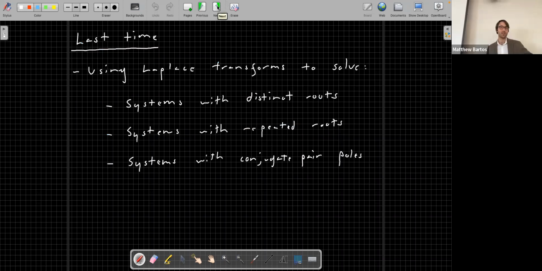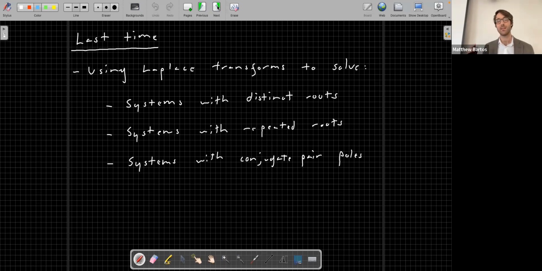Let's just recap quickly what we talked about last time. Last time we looked at using Laplace transforms to solve different types of LTI systems. We looked at systems with distinct roots, which we solved through the technique of partial fraction expansion. We looked at systems with repeated roots, and we showed a method for using partial fraction expansion along with differentiation to determine the response for systems with repeated roots.